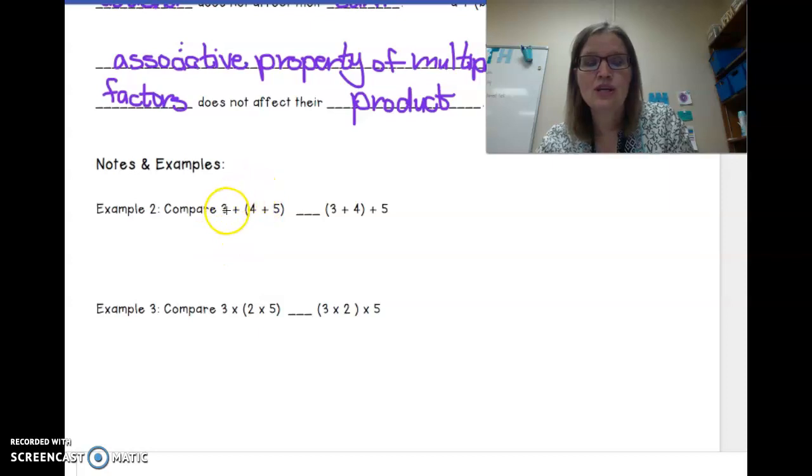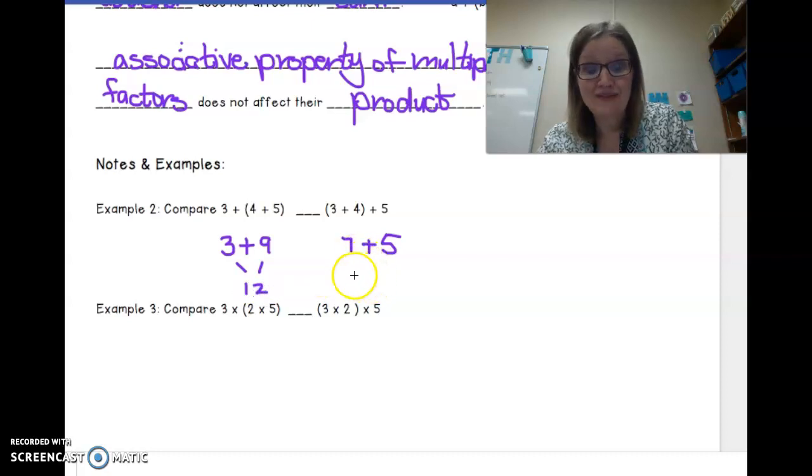So 3 plus 9, and here we also do our parentheses, 7 plus 5. 3 plus 9 is 12. 7 plus 5 is 12. So we know that these are equal.